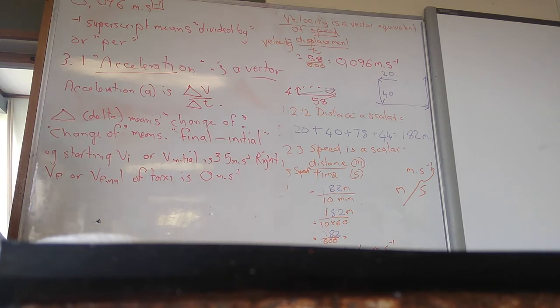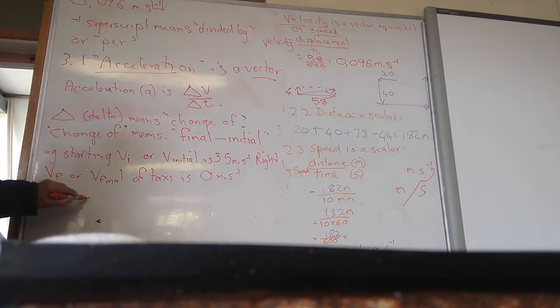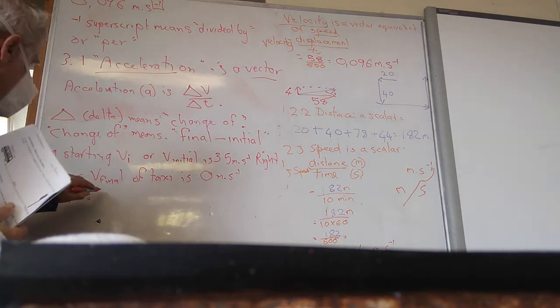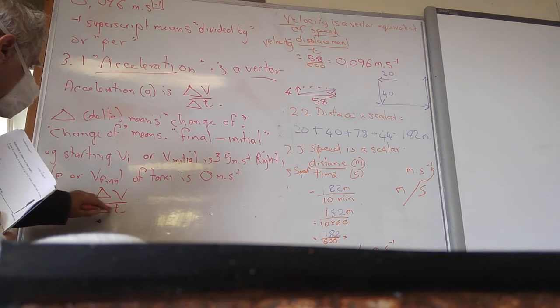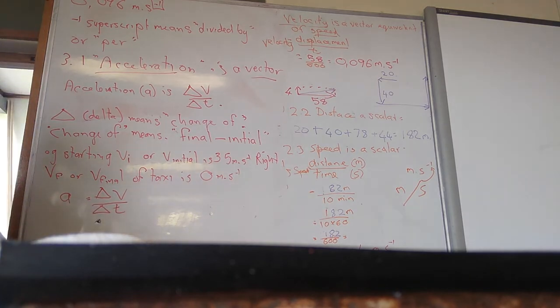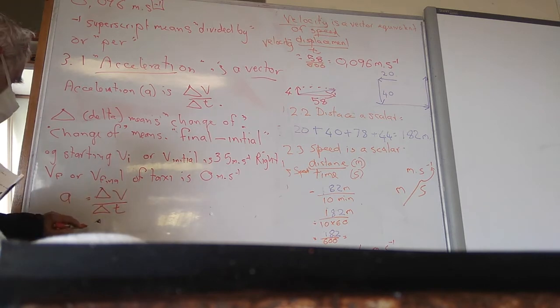What are we going to put on top? A is change of velocity over change of time in 2 seconds. Okay, what is change of velocity? V final minus V initial. Happy with that, everybody?